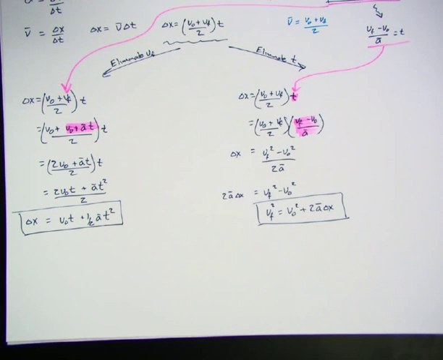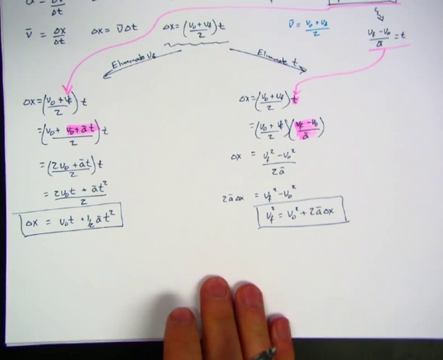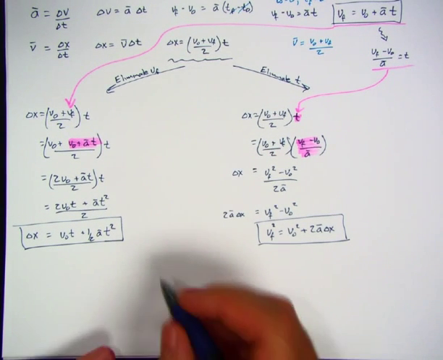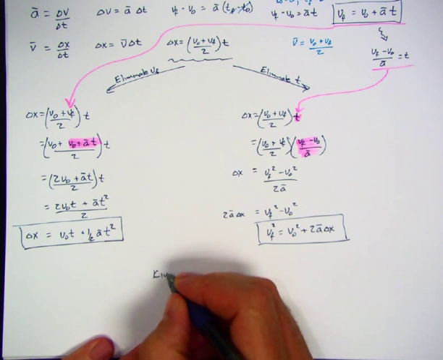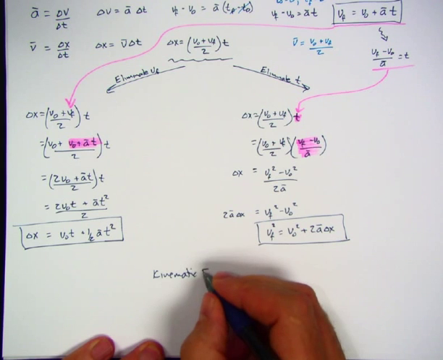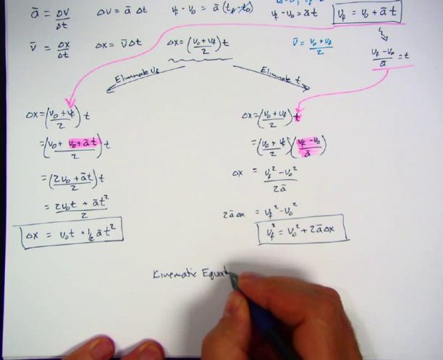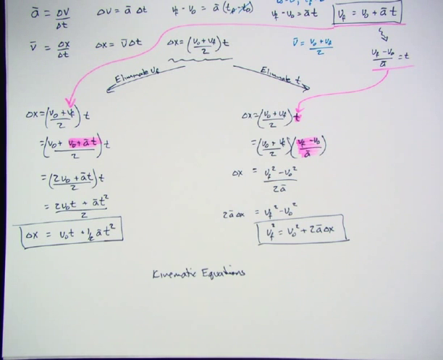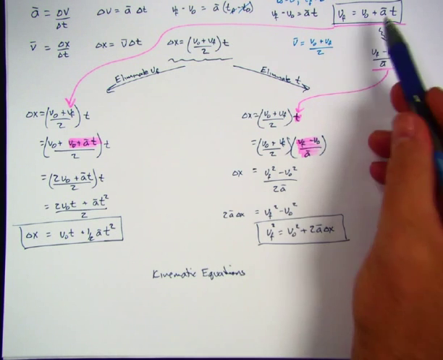So a couple of comments on these equations. These equations are what we call our kinematic equations. And I want to clean up some notation a little bit. So our kinematic equations, equations that describe the motions of objects. And notice that in each of these equations there's an average acceleration.